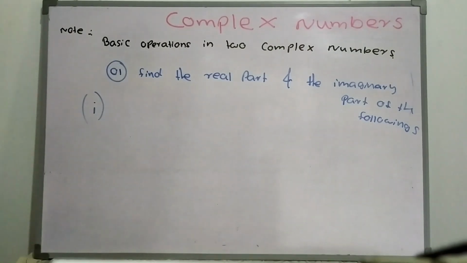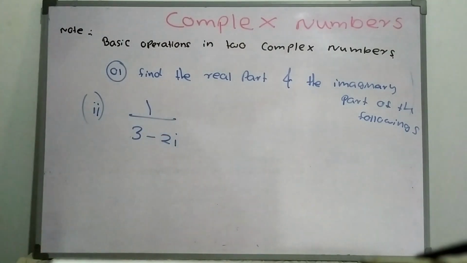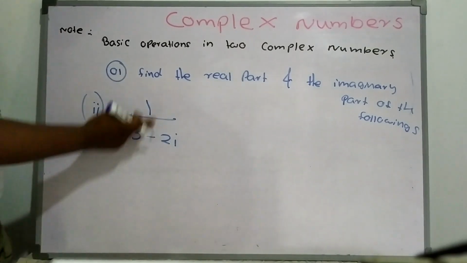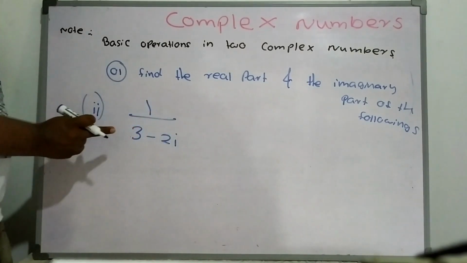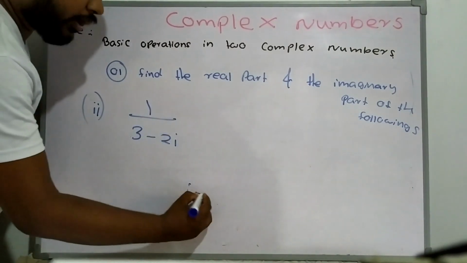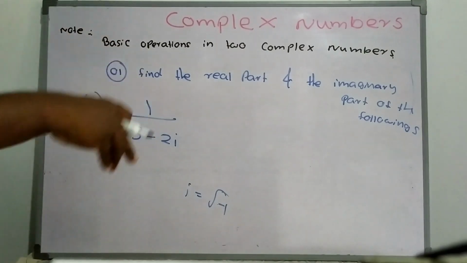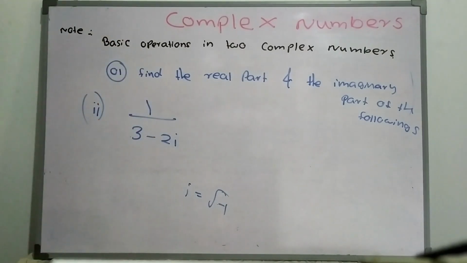Okay, as a second example, taking 1 over 3 minus 2i, something like that. Here you can see the denominator is irrational because of the i, the square root. Once a square root is in the denominator, the whole thing is irrational.